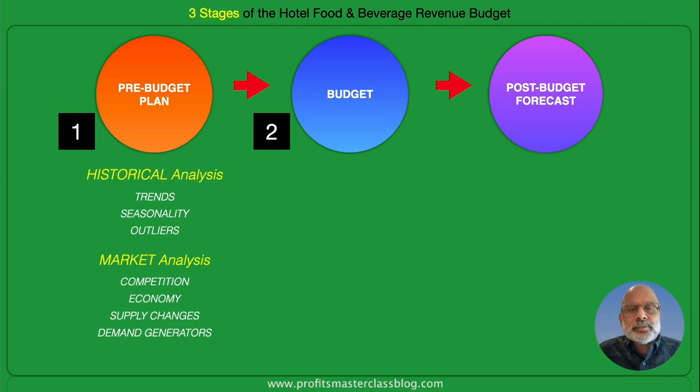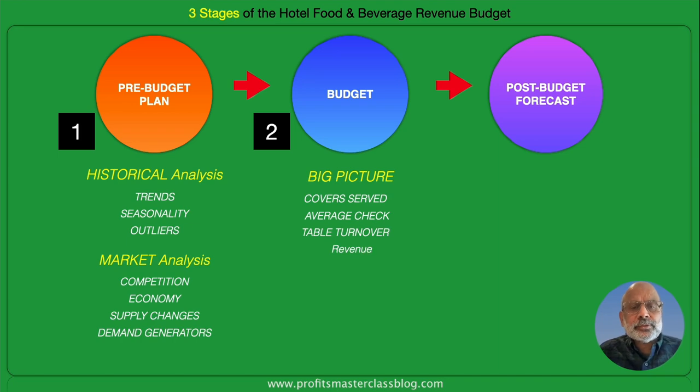Step 2 is the budgeting process itself, which includes a big picture overview covering covers served, average check, table turnover. We will be looking at all of this later in the full video, and of course the revenue itself.